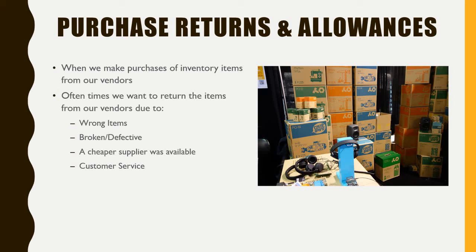Okay, so many vendors can accidentally ship you the wrong item. Things can be broken due to shipping. Things can be defective. If a manufacturing company is producing like 10,000 units in a span of a couple of months, you can expect some of them to be defective. And of course, maybe you found a cheaper supplier that has the same quality, but it's just cheaper.